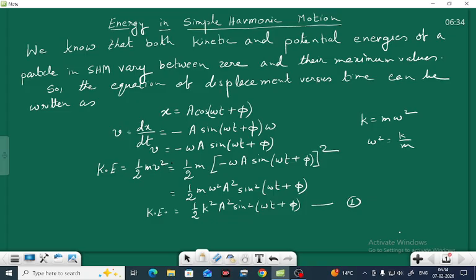So we find that the kinetic energy is also a periodic function of time, being 0 when the displacement is maximum, and maximum when the particle is at the mean position.